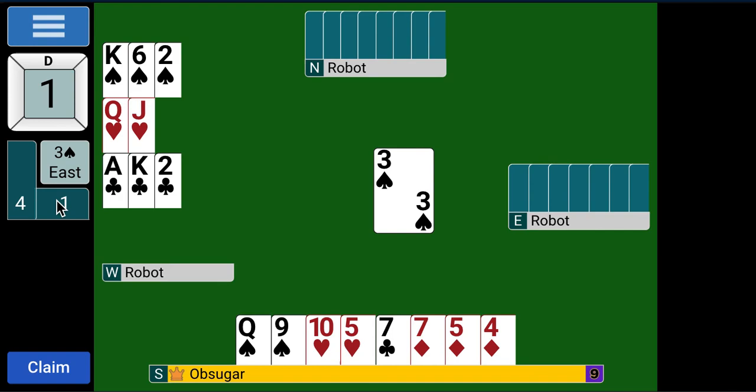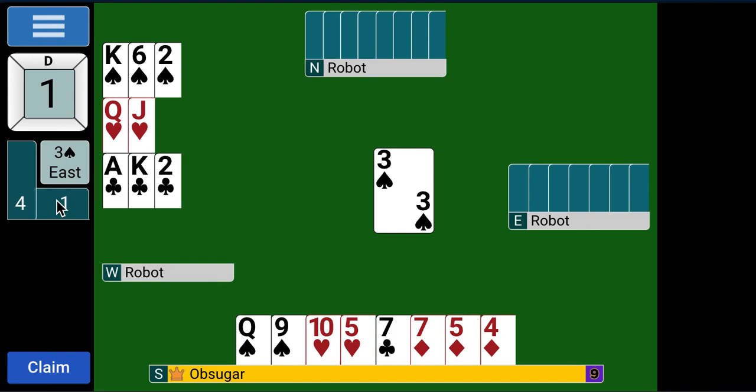If he has 6 spades, he has a stiff heart. There you go. So he's 3-3 in the minors. Exactly right. Good job. Okay.